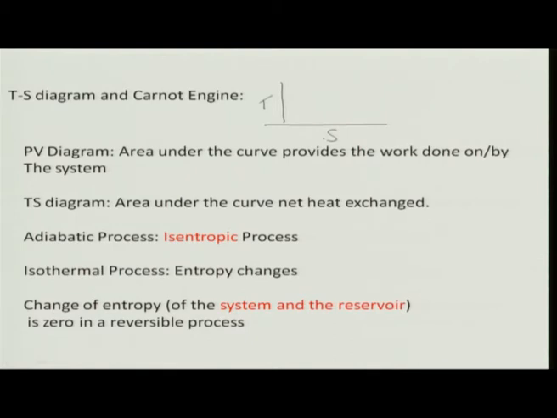It is useful because we have talked about two processes so far, at least in the context of the Carnot engine. What are these two processes? Isothermal. Isothermal means temperature is fixed. So this is isothermal. It is a parallel line, temperature kept fixed. And secondly, isentropic, adiabatic, which means entropy is fixed.